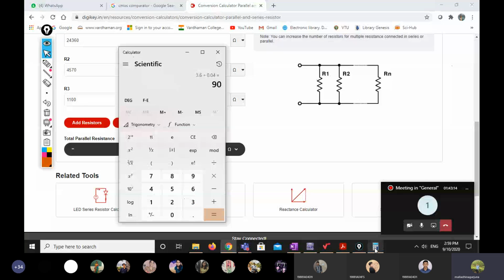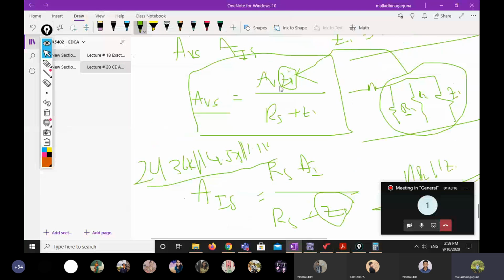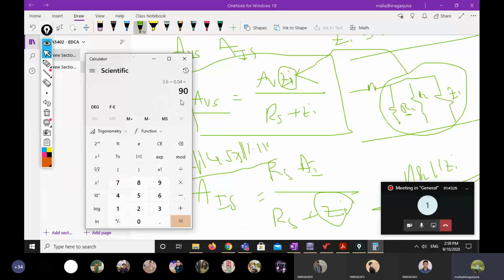So if I calculate AVS, for example, AV is 70 into ZI, which is 855, divided by RS, let us say, 500. 500 plus 855 is how much? 1355.